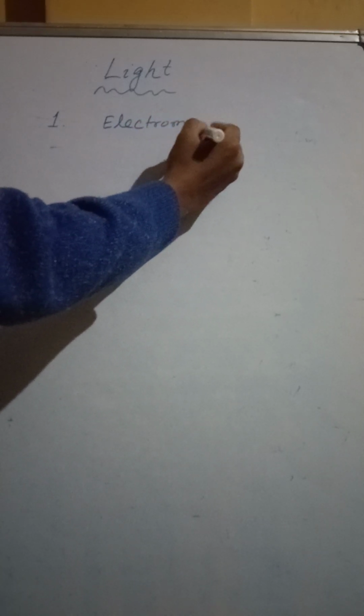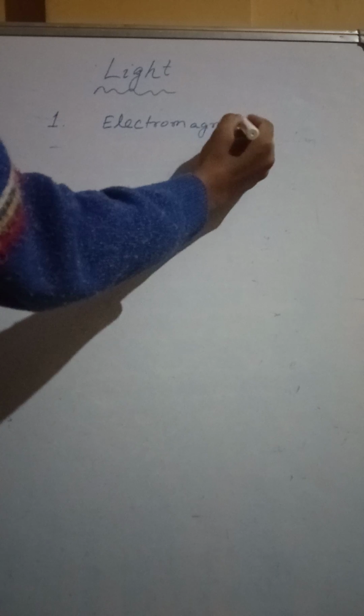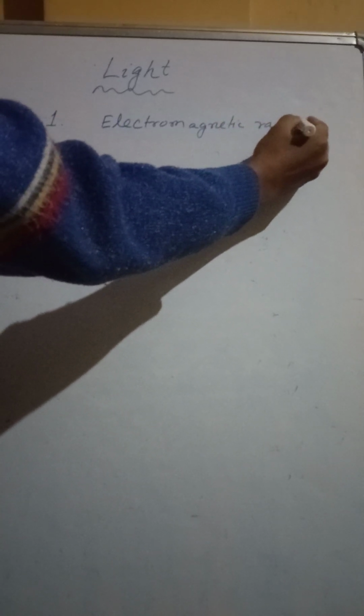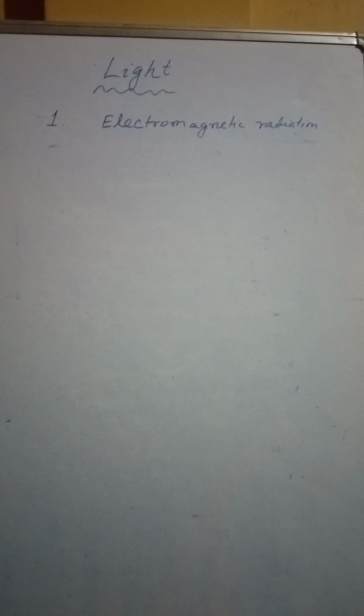Light is an electromagnetic radiation. Without light we cannot observe any object. When light falls on any object we can see the object.